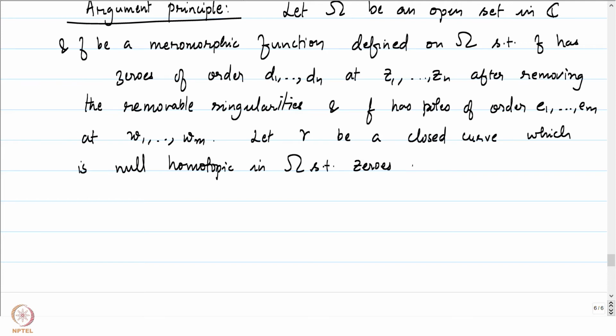Zeros and poles don't lie on gamma, or the image of gamma rather.